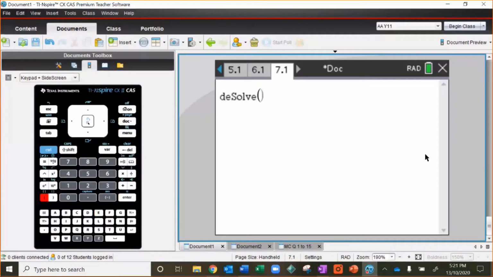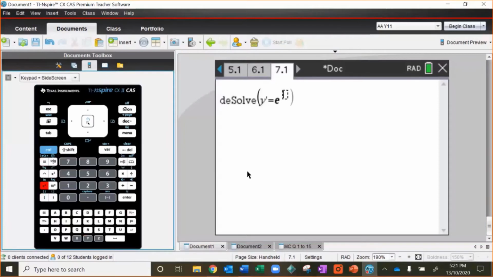So we just type dSolve, and now we go y dashed, and we say is equal to e to the power 2x times, and we open the bracket, 1 plus y squared, close the bracket.